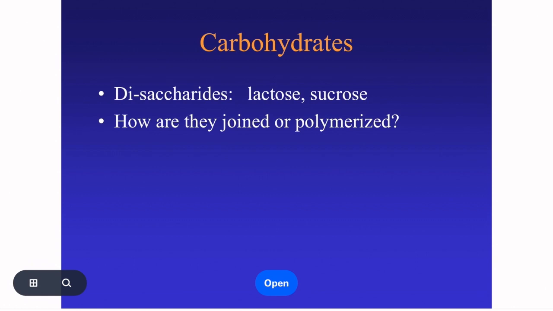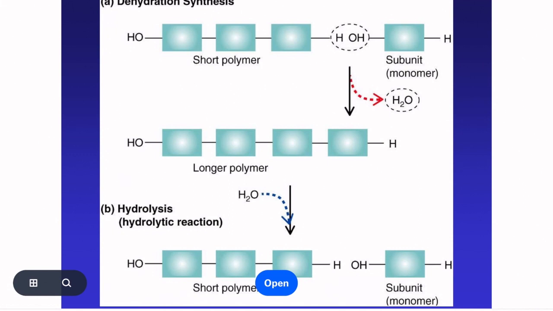It's a disaccharide. How are they joined to each other or polymerized, we say? How are they made into a polymer? Through what's called a dehydration reaction. The hydrogen on one molecule gets up close and personal to an alcohol group on another, and you pull a water molecule out of there, and it's called a dehydration reaction.